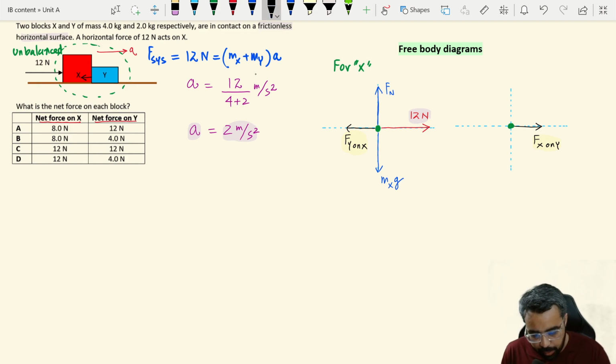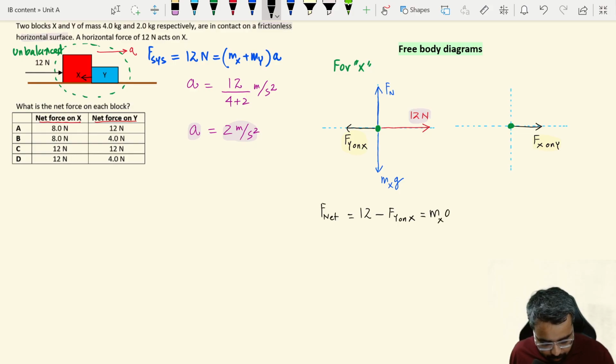Because the normal force and weight balance each other, if we apply Newton's second law, what is the unbalanced force, or the resultant force, for x? That must be 12 minus Fy on x, and it must equal mxa. This is Newton's second law.